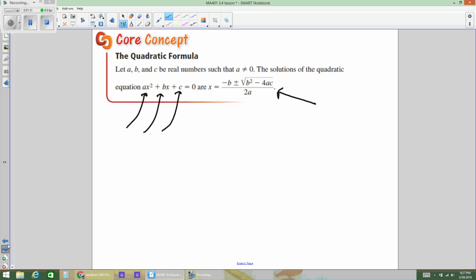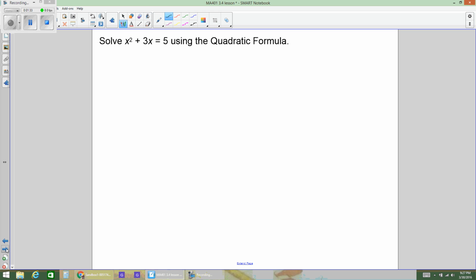Okay, let's go ahead and do some. We're going to solve some quadratics using the quadratic formula. So the first thing is you need to identify your a, your b, and your c. So a is 1, b is 3, and c is not 5.